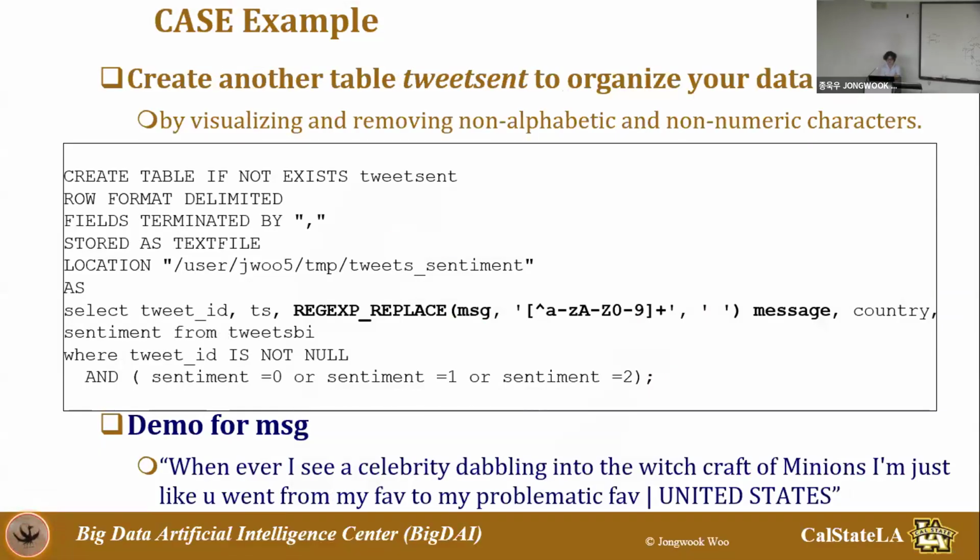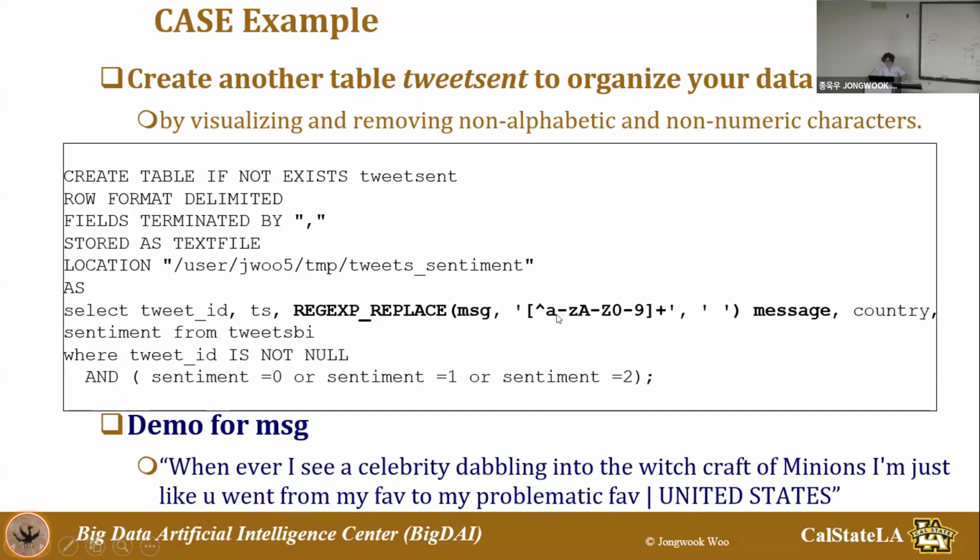And also there's a regular expression. From the previous table that you generated, you can also create a new table named Twitch sentiment. That is the final table. That is to replace the message column values.